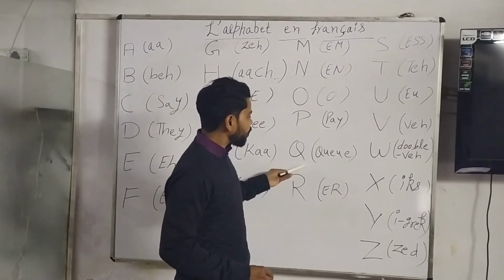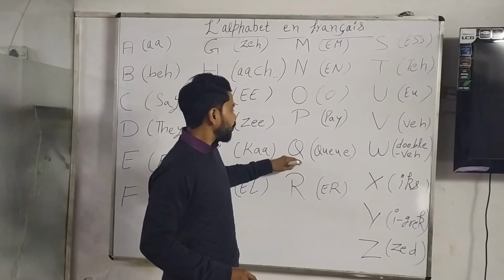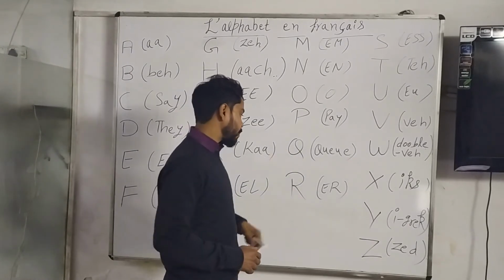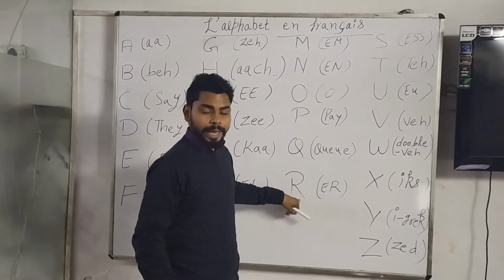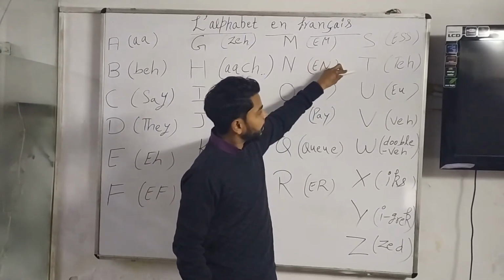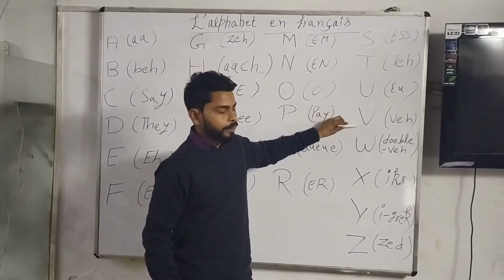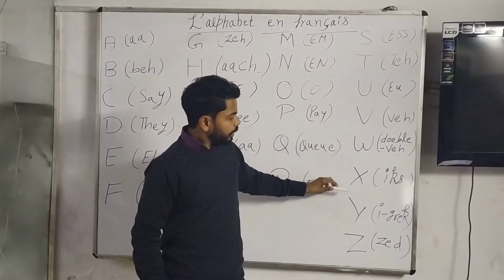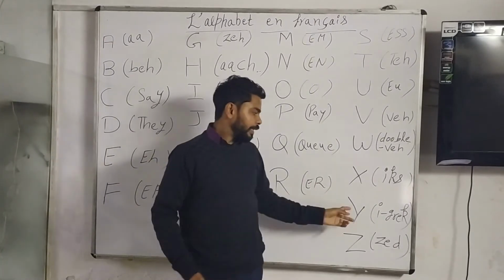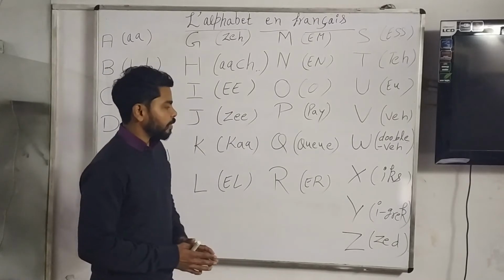So you have to pronounce it in the way of English for representing Q as an alphabet. Then we have R, S, T, U, V, W, X, Y, Z. So these are all the alphabets.